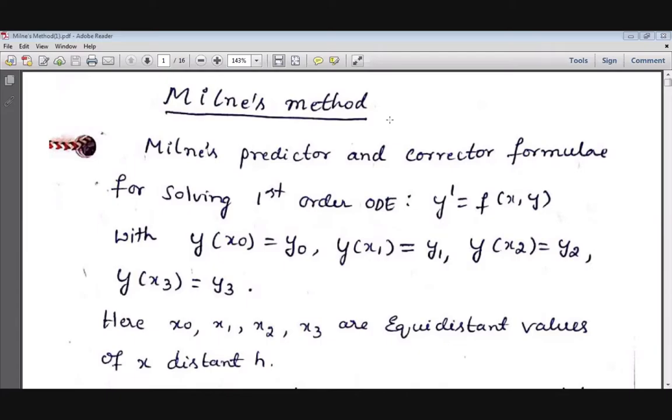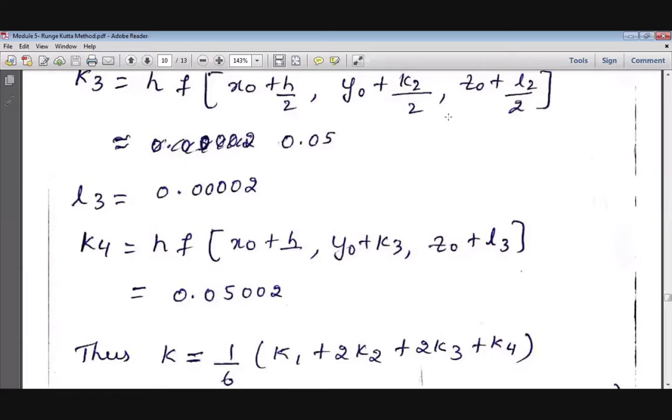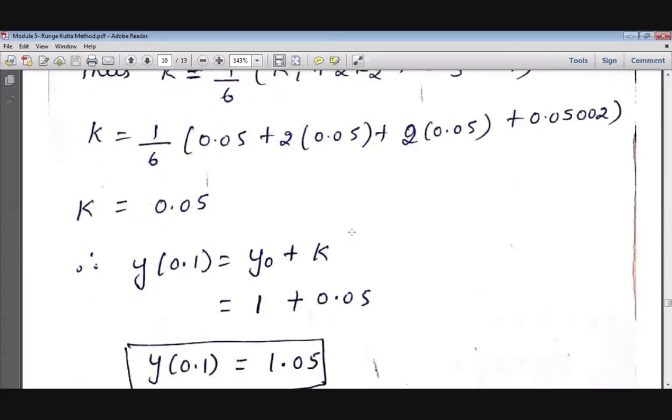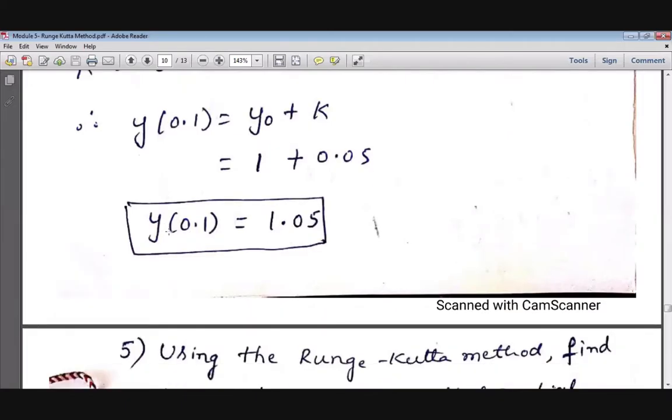You just write the answer. This is the fourth question. This is the answer. y of 0.1 is 1.05. Later I will share the notes. If you have any confusion or where we went wrong, you can cross check there.